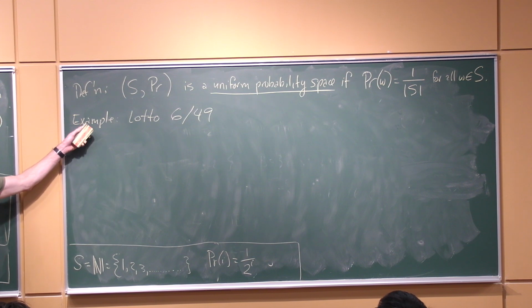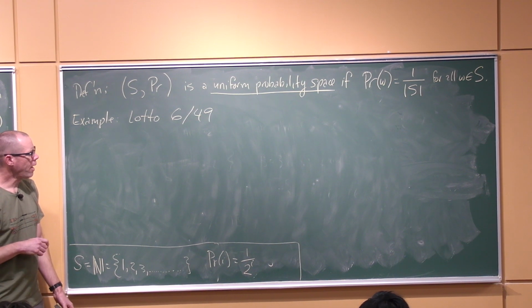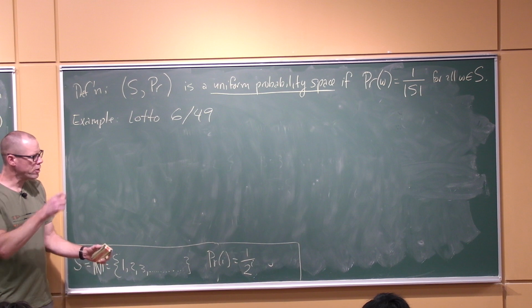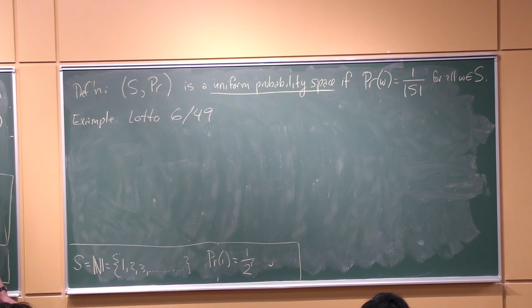Okay, anybody know this Lotto 649? No? So this is an Ontario lottery. What happens is they fill a big, bingo-style ball machine with 49 numbers. In fact, each little ball has an integer on it, the integers 1 through 49.